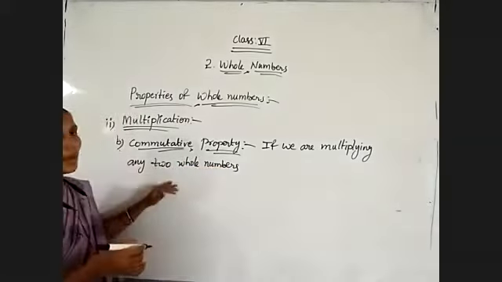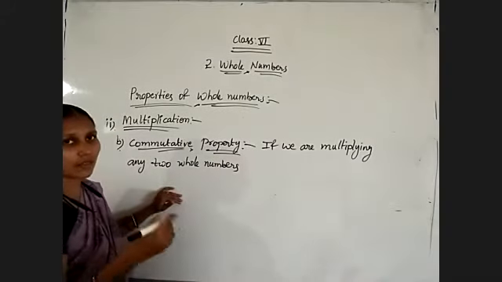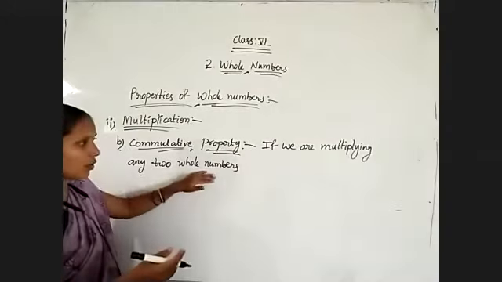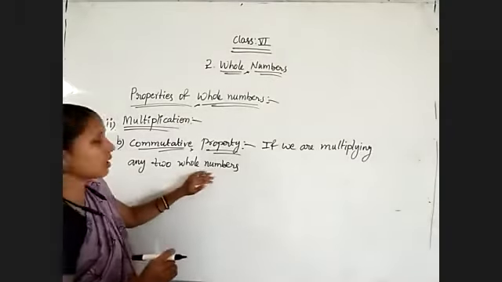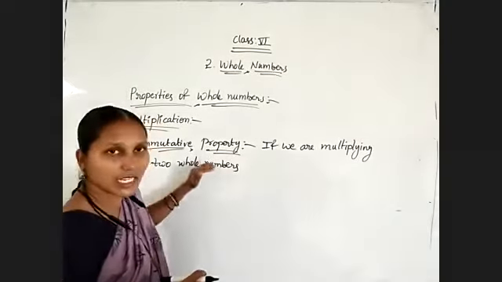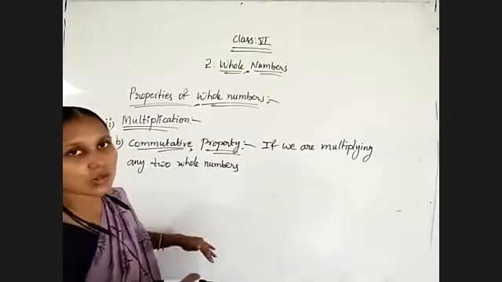If we need to state the same property for integers, instead of whole numbers we just write integers, that's all. For any type of numbers, these properties will continue.